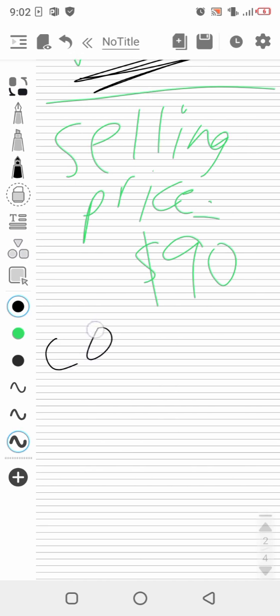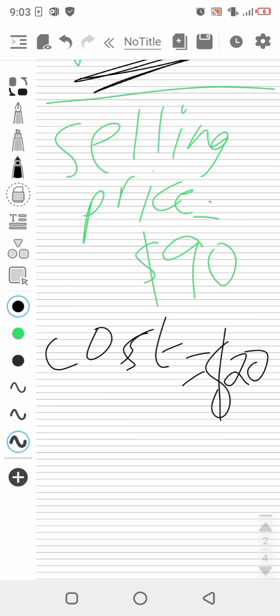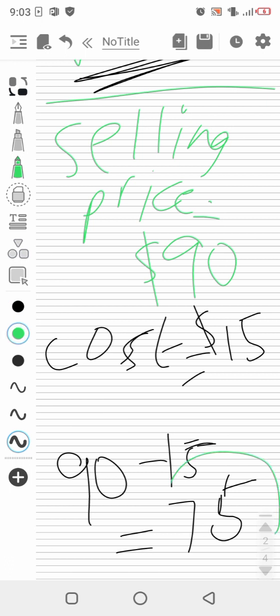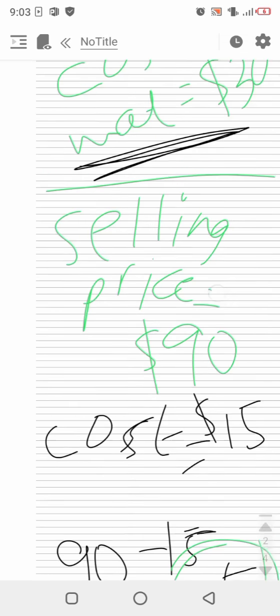The cost was $30 at first, and now, for example, let's change it to... I'm sorry, we shouldn't increase the cost of materials and components, but decrease it. So it was first 30, let's make it $15. At first it was 90 minus 30, which was 60, and now it will be 90 minus 15, which will be 75. So $75 would be my added value. So this is also increased. At first it was 60 and now it is 75. So which one is bigger? 75, right? So these two methods can increase your added value.